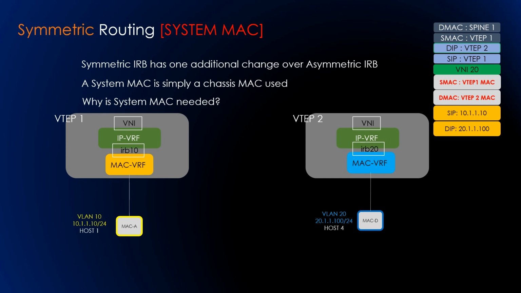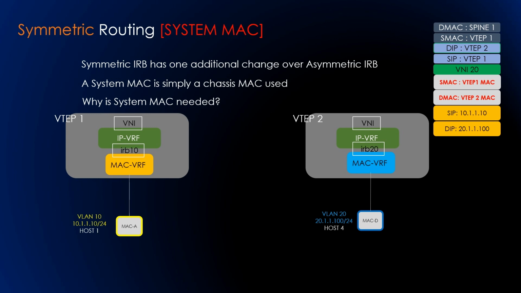And since the tenant MAC cannot be used for inter-subnet traffic, the ingress VTEP or the leaf MAC address is used, and it is common across all MAC and IP VRFs. So the MAC information needs to be advertised using the EVPN route extended community.